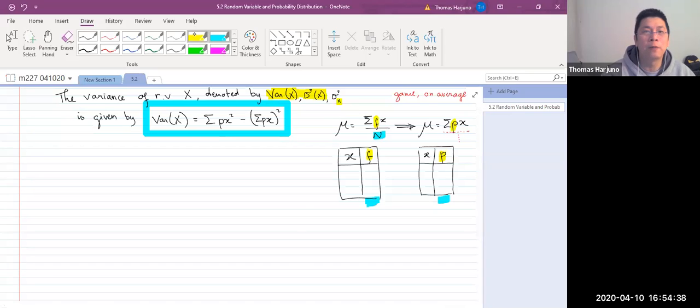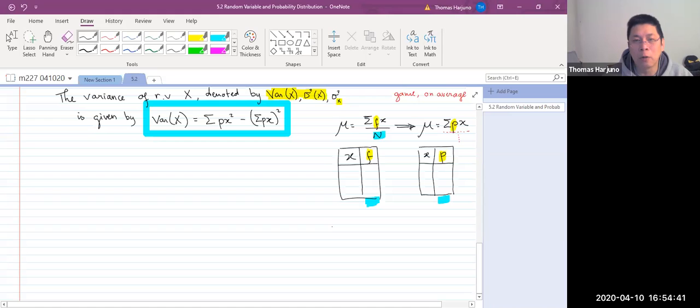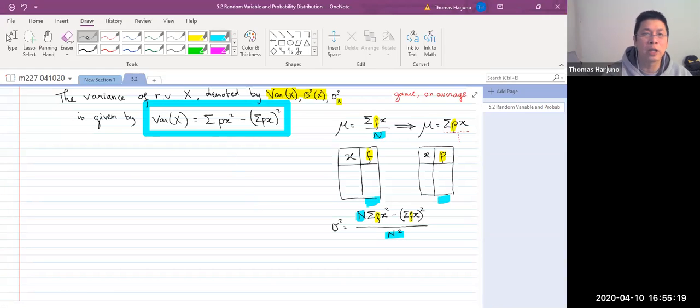Now, furthermore, if you remember the formula for variance when we have frequency distribution, that's capital N times the sum of f x squared minus the sum of f x being squared, over n squared. That's what we have from frequency distribution. Now you change the f to p, and the n becomes 1. See what happened.